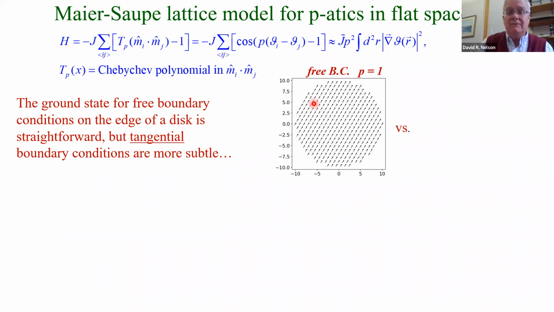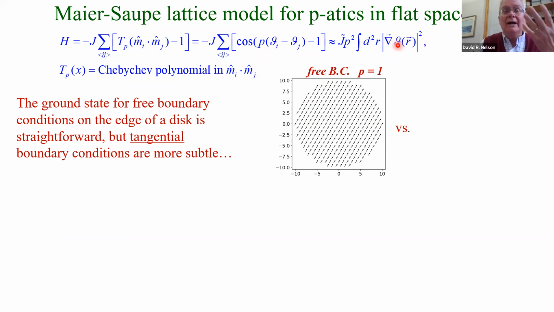But even in flat space, even if I have a disk, it's important to realize and emphasize the effect of boundary conditions. So this is what in the liquid crystal literature would be called a Maier-Saupe lattice model. It generalizes a nematic problem that they looked at to p-fold symmetric liquid crystals. And there's this continuum energy.